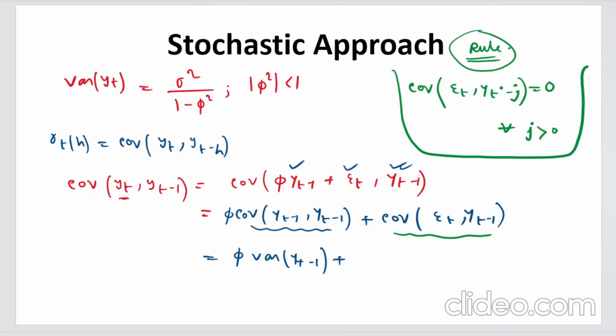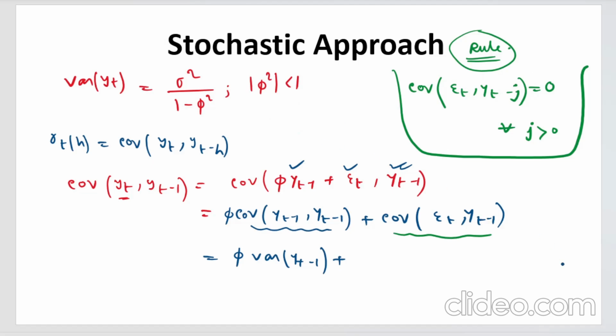So j positive means this value should be less than t, right? t minus 1, t minus 2, t minus 3. So epsilon t has 0 correlation. You can understand this intuitively also: epsilon t is the error coming from the process in the tth period, right? Epsilon t is related to yt, but for the previous periods it doesn't have any correlation.